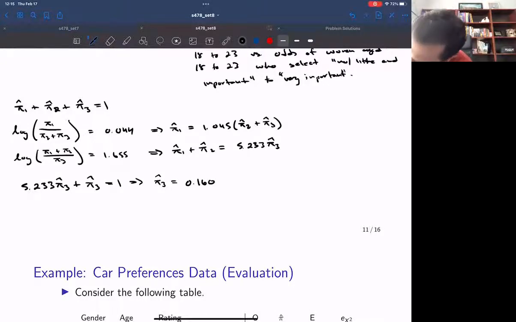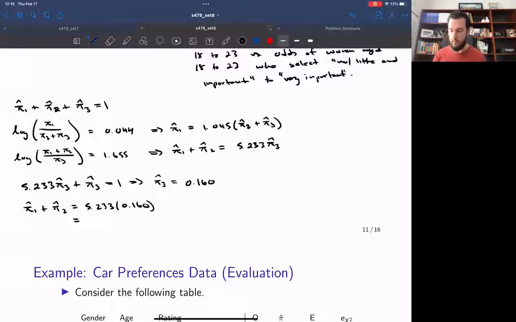Then we would have pi hat 1 plus pi hat 2 is equal to 5.233 times 0.160, which is 0.84.